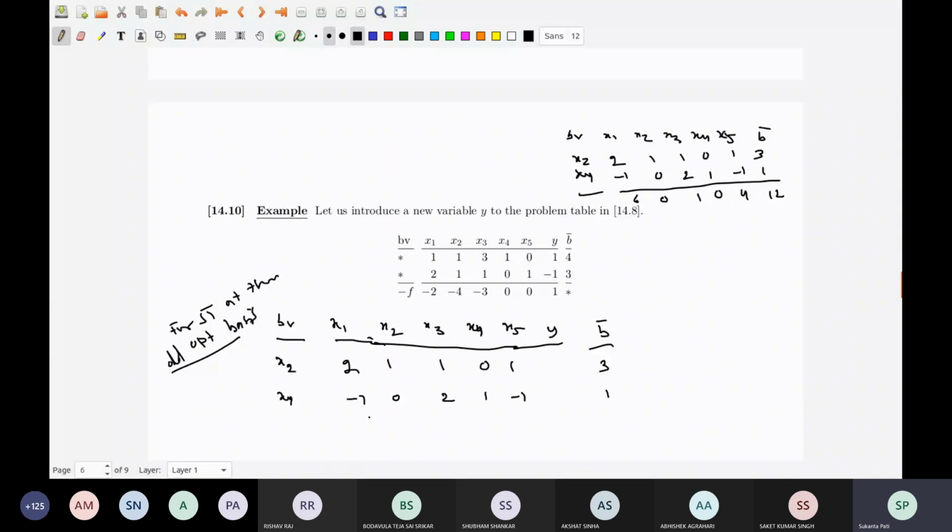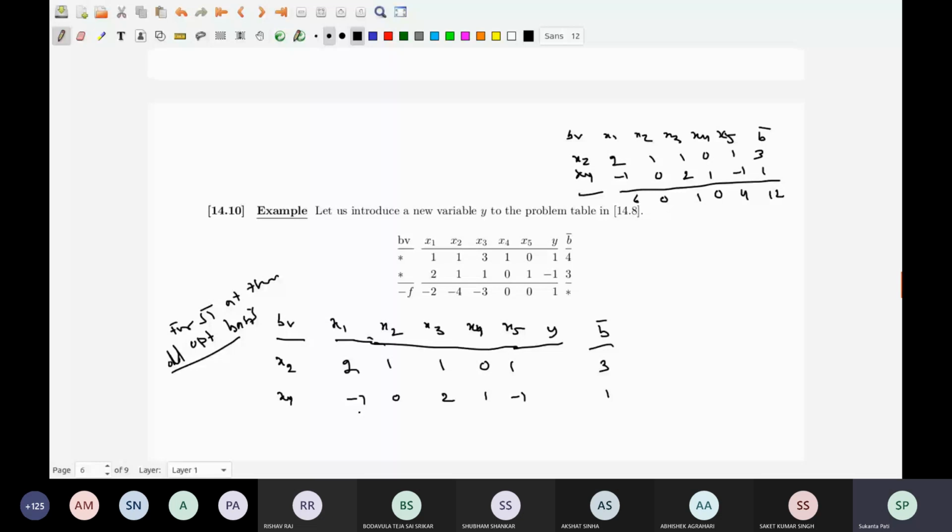Earlier I had taken some multiples of the row added to this, and I had got everything. I had got it to 0, 1, 0, 4 by taking certain multiples.